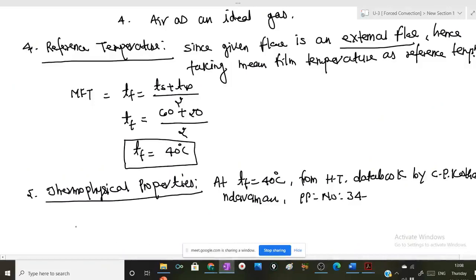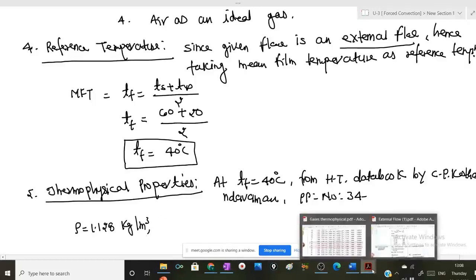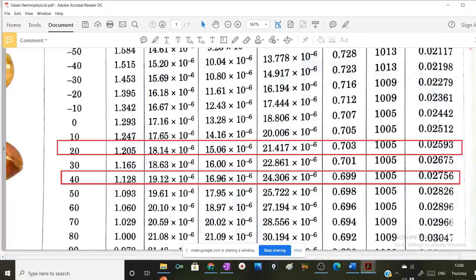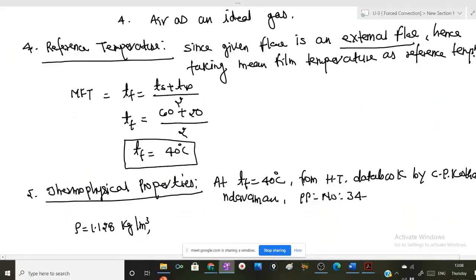Rho is equal to 1.128 kg per meter cube. Mu is 19.12 into 10 to the power minus 6 Newton second per meter square.